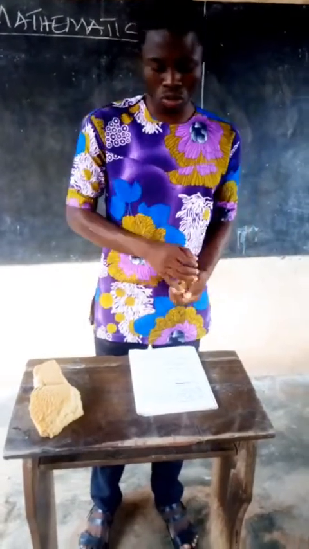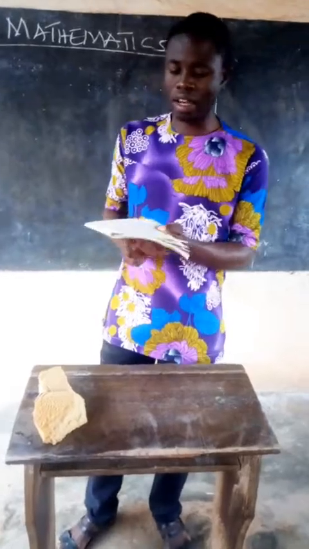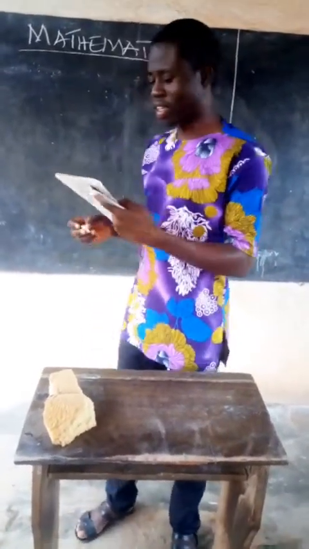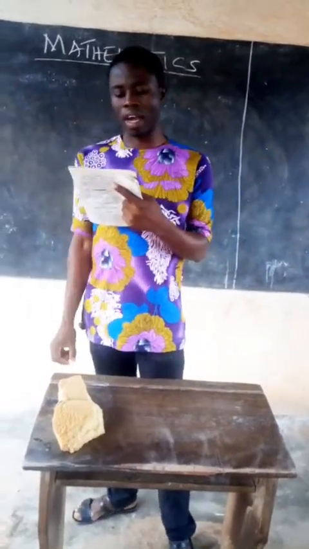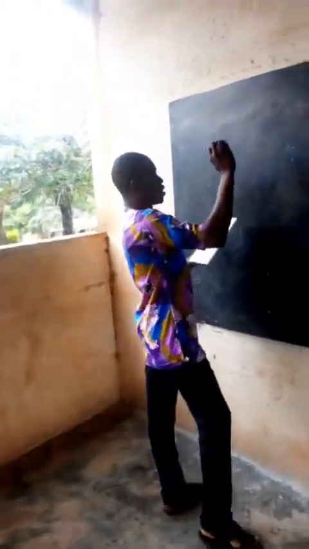So we are going to Example 3. Determine the value of the digit 9 in the number 534.93.